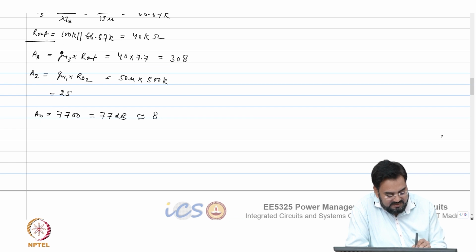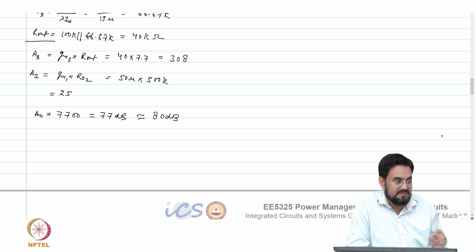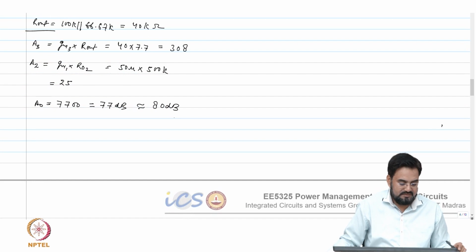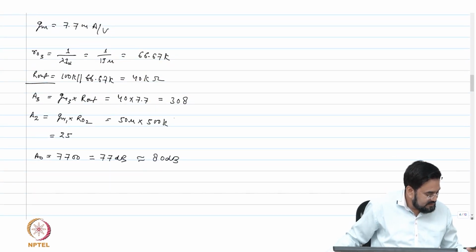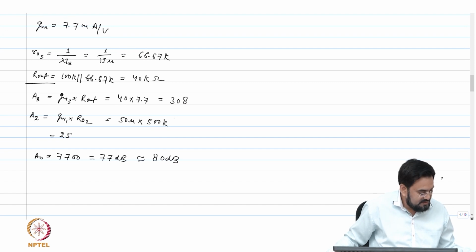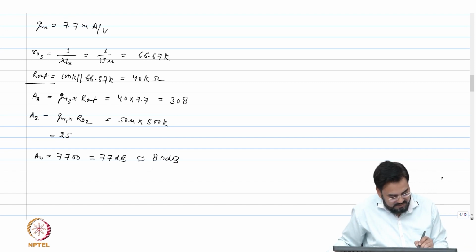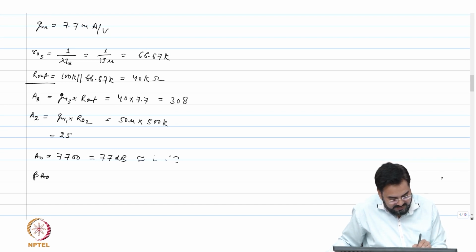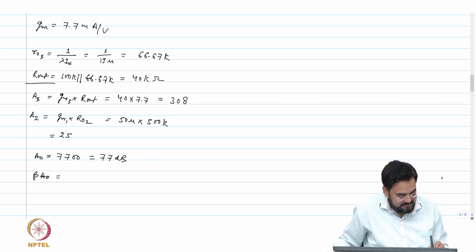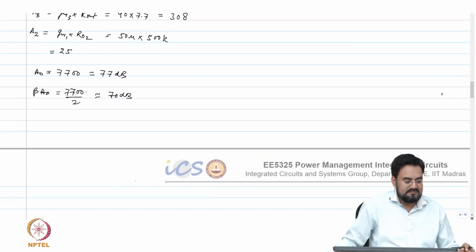I will approximate it to 80 dB. If you consider the beta factor, it will further drop by 6 dB. So beta A naught is 77 divided by 2, which is close to 70 dB now.